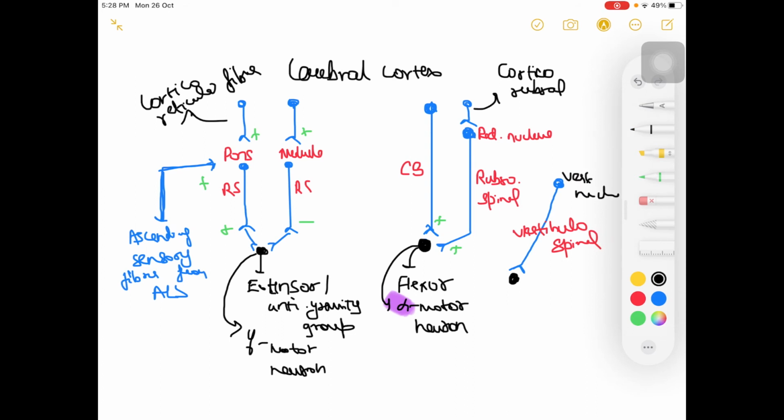Vestibular nucleus. Now this is getting inhibited by cortex. This vestibular nucleus is getting inhibited or is kept in check by cortex, and primarily from which cells of cortex? By Purkinje cells of cortex. So these are kept in check by Purkinje cells of cortex.